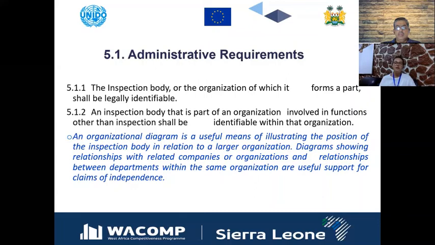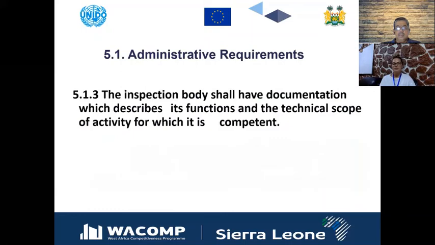This is when it would be helpful to have organisational charts and full descriptions of each position and what departments they're working under. This is how you would be able to define that in the organisation. So next slide, please.